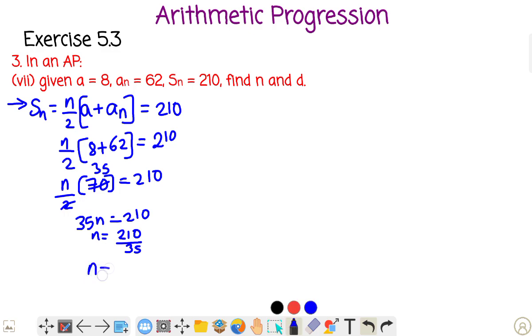N will be equal to 7 fives are 35, 7 thirties are 210. So I'll get n value as 6. So n is equal to 6. This is what I'll get. Now substituting this n value in an, we will get the d value.